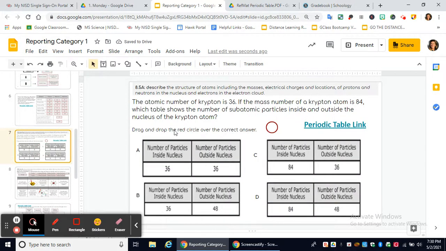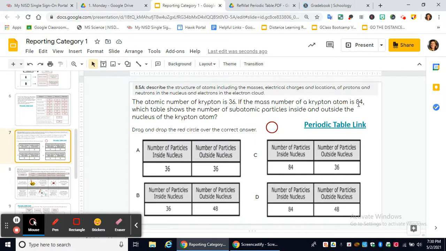Okay, let's see. The atomic number of krypton is 36. The mass number of krypton is 84. Which table shows the number of subatomic particles inside and outside the nucleus of krypton? So what you want to do is look at the data table first. The number of protons inside the nucleus.